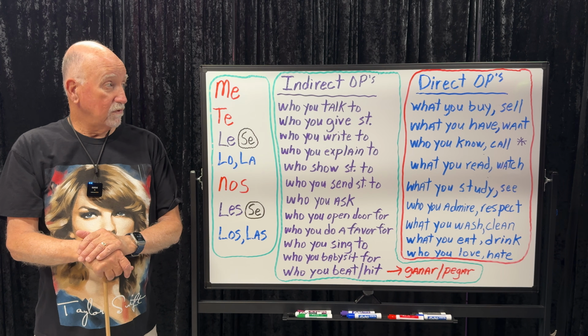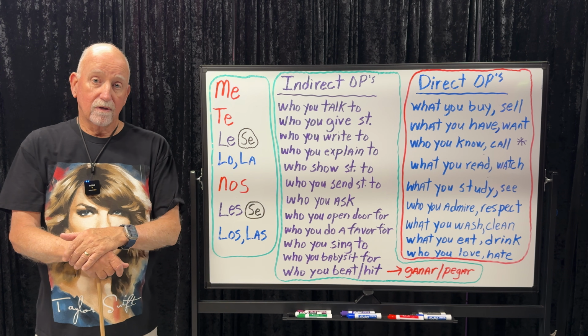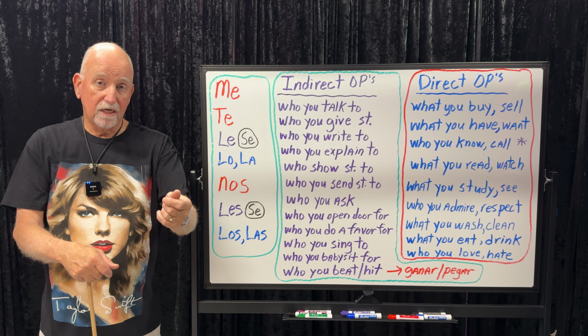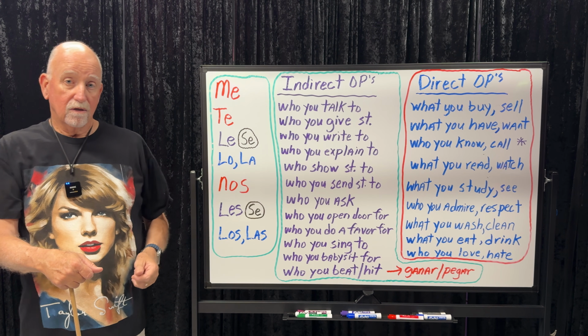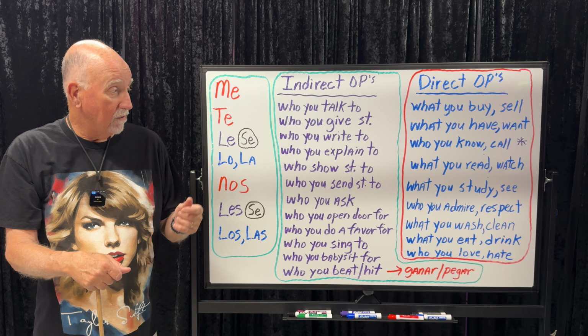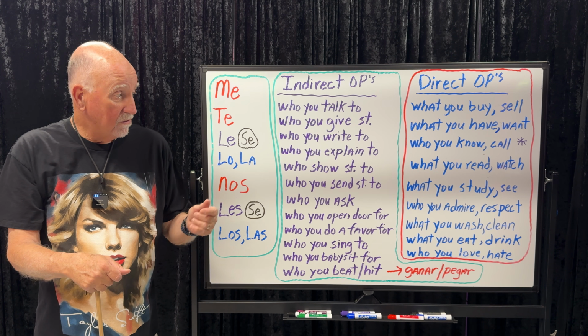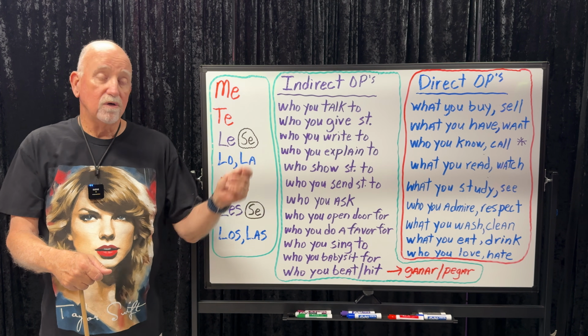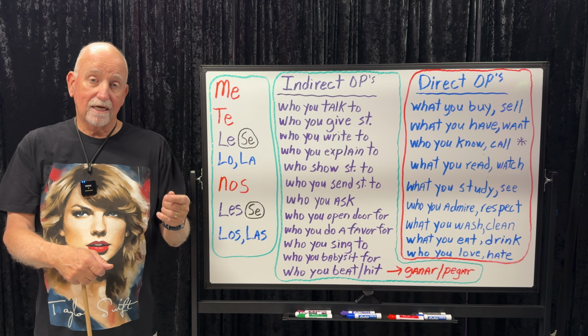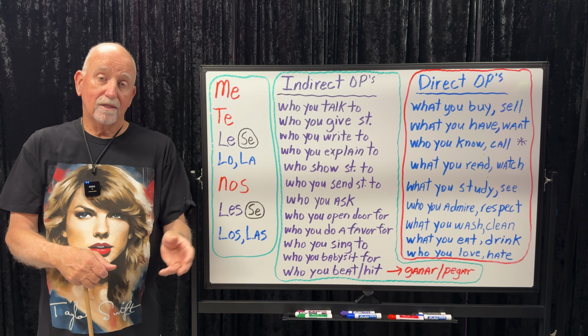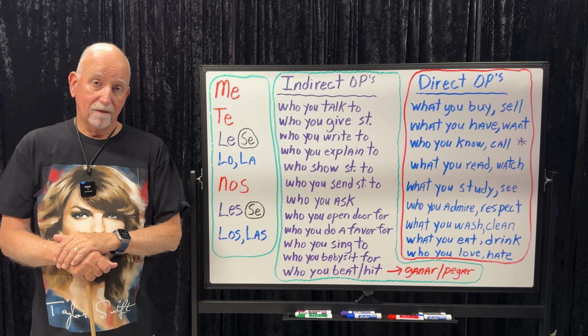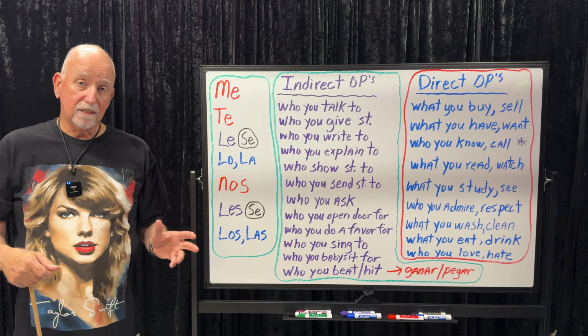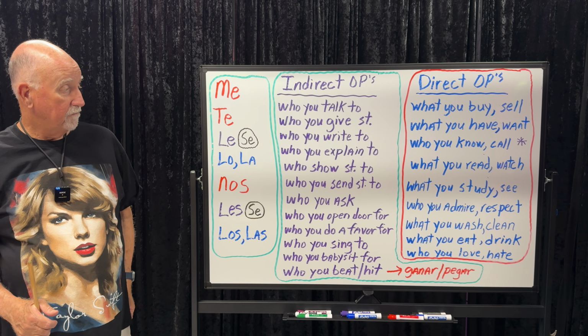If you ask the question what with the verb, like what do you read, what do you see, what do you study, who do you know, what do you eat, what do you drink, what do you wash, etc. All these, who do you admire, who do you respect? You ask that question what with the verb, then that's going to be your direct object. Those are generalizations, but they work pretty well here.